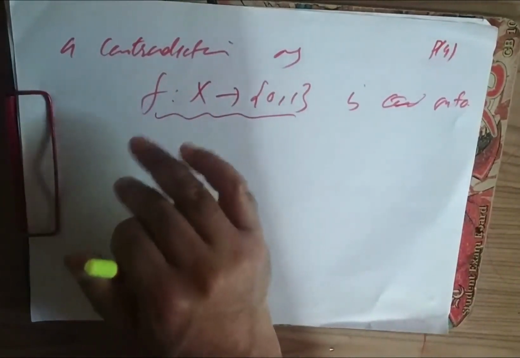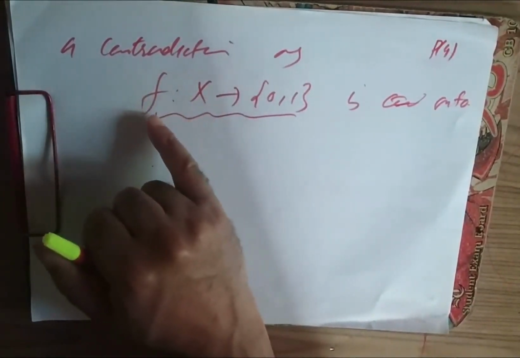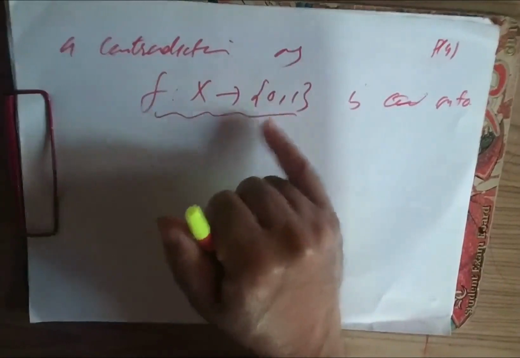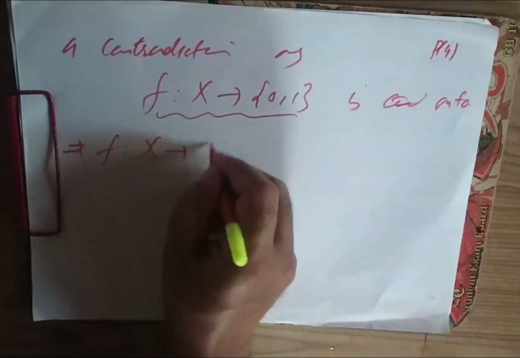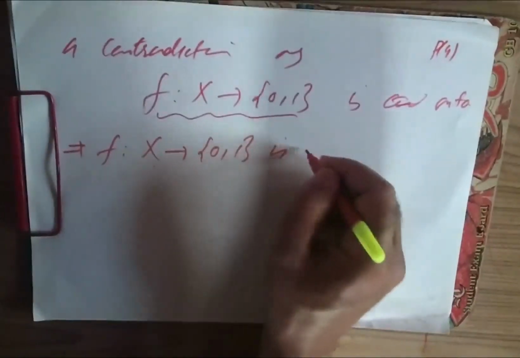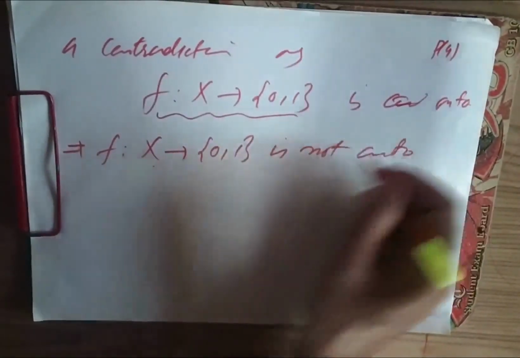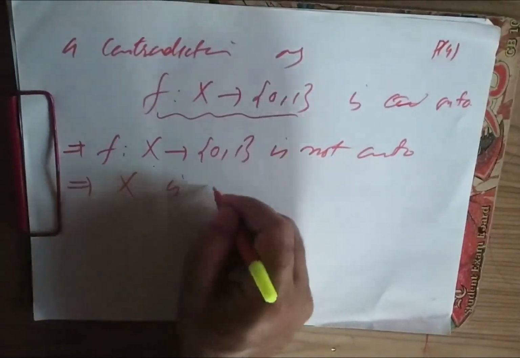Therefore we get a contradiction to our assumption that the map f from X to {0,1} is onto. So f is not onto, which implies X is connected.